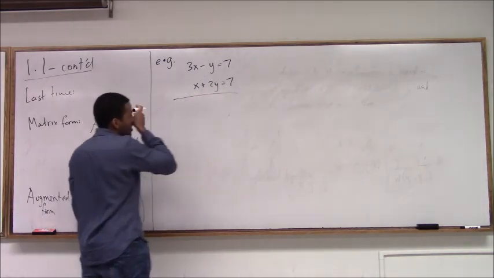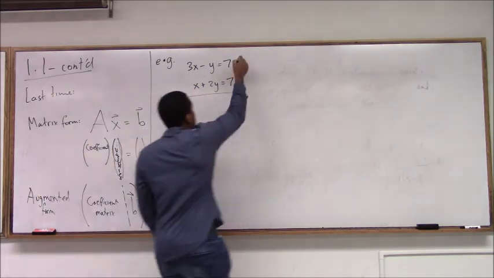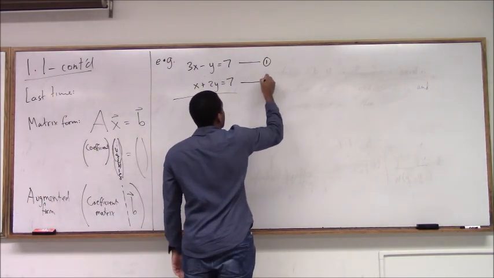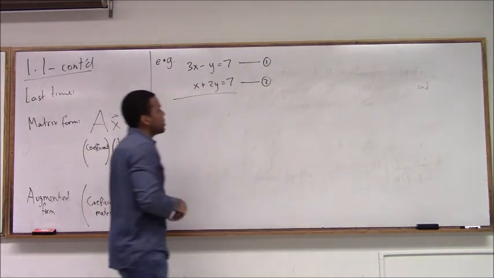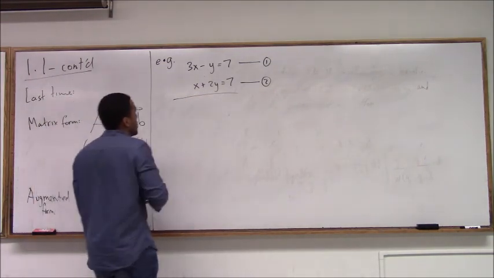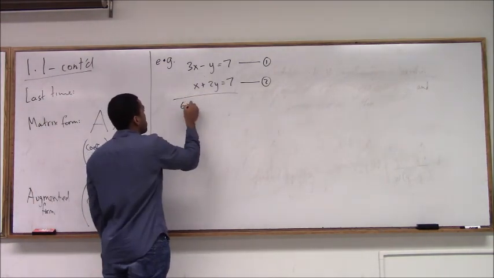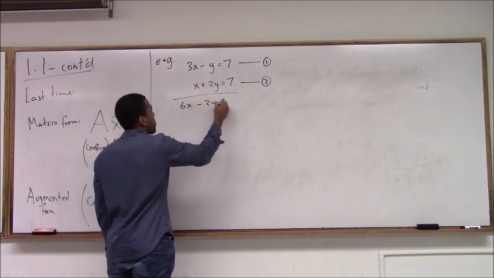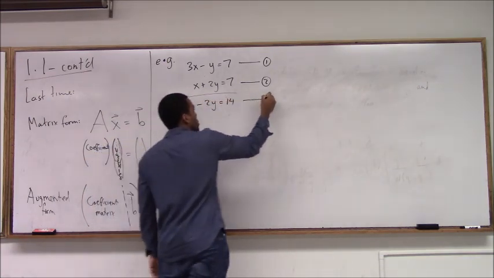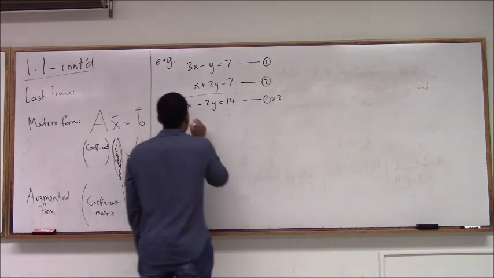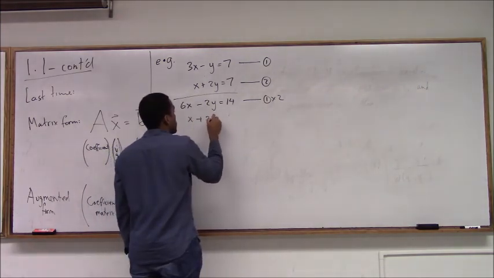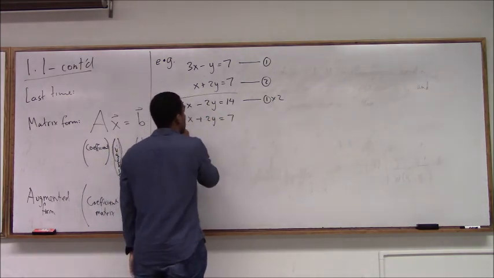I'm actually going to want to get rid of the y, so let's do that. This is equation 1 and equation 2. So what I could do is multiply the first equation by 2. Here was equation 1, we multiply by 2, and here's equation 2. Right?